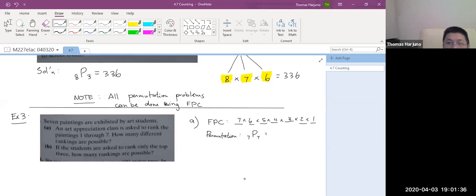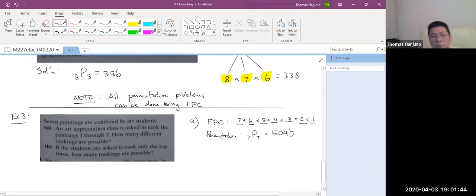Can anybody else confirm that for me? I'll use my calculator. 7 permute 7. Yes, that's right. That's 5040.